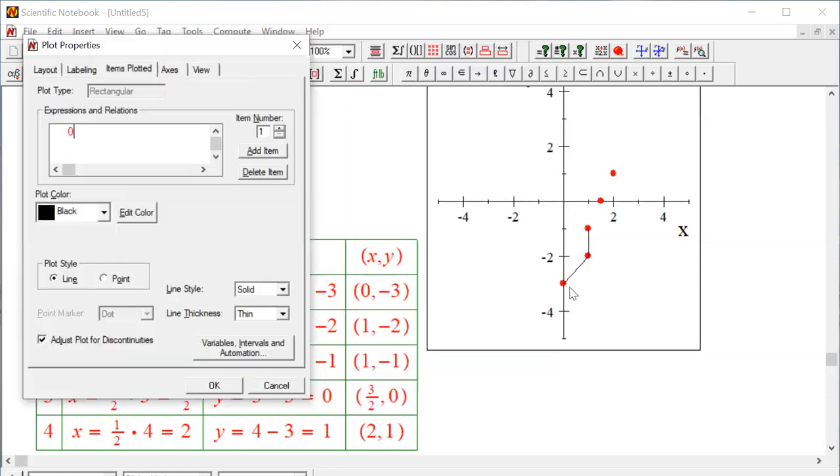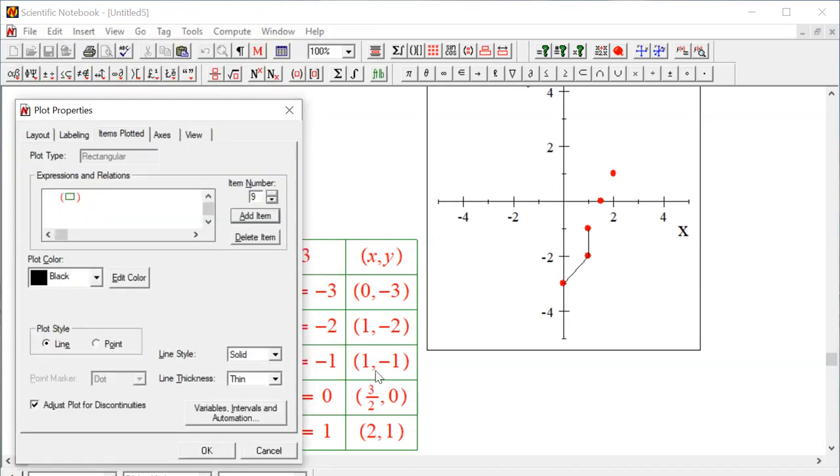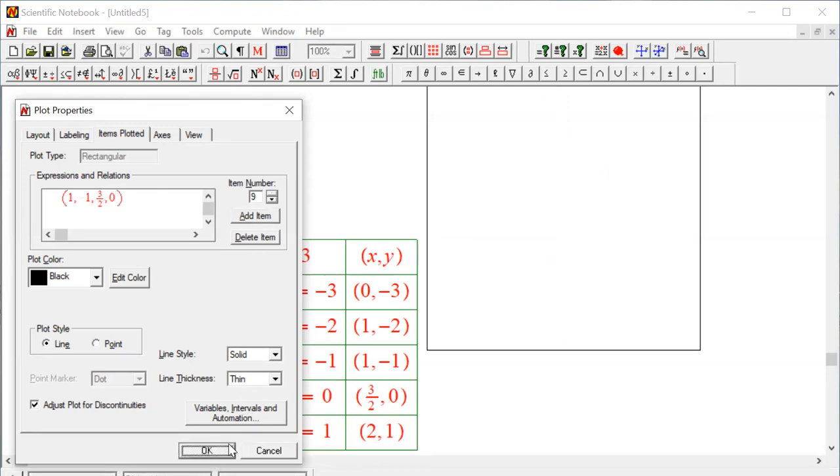Okay, so first, second, third to fourth, right? So from third to fourth, 1, -1, fourth, 3/2, 0. That's another line segment connected.